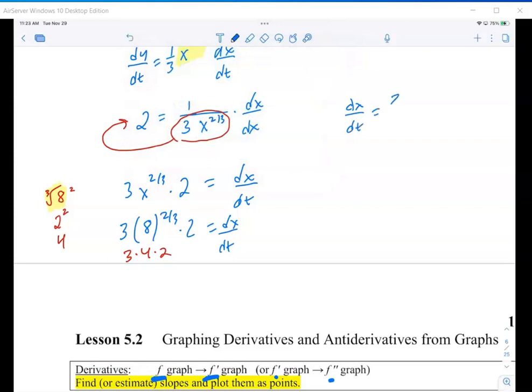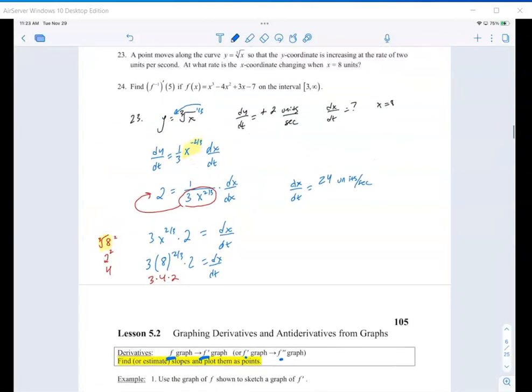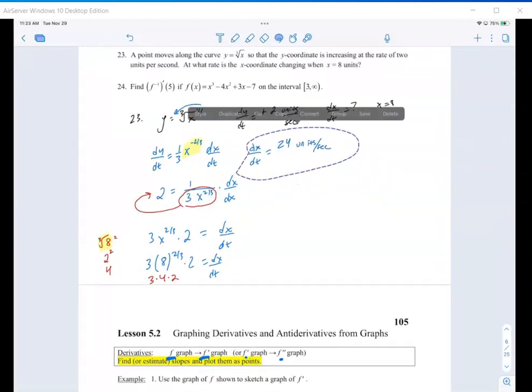So that's going to give me 24. Yeah, 24, and then it's units per second. Okay. So there's that one, the answer up here.